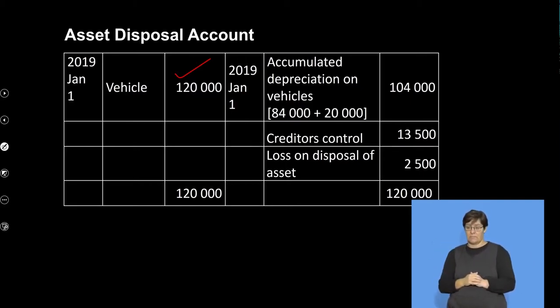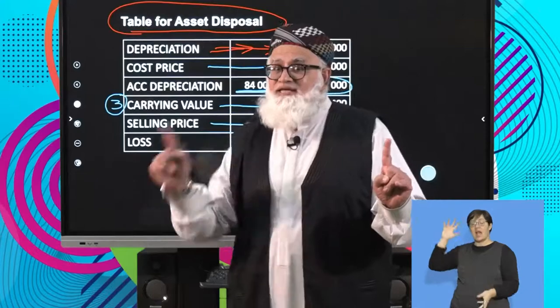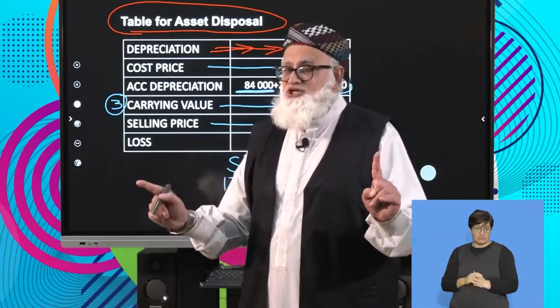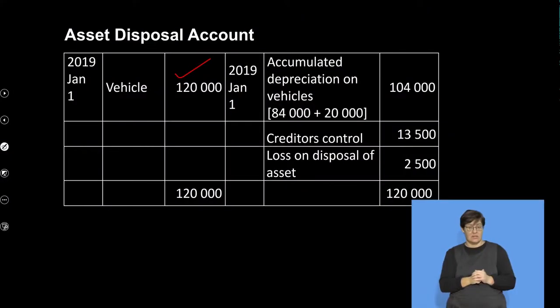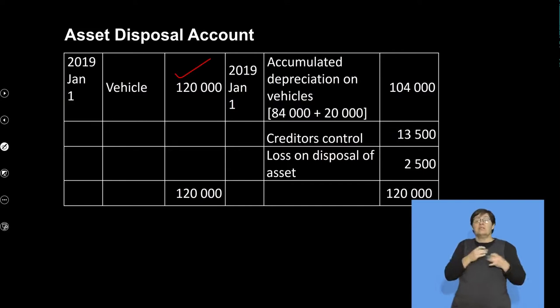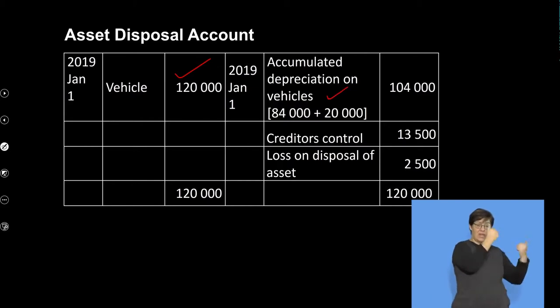Number 2, what do we have to do with the depreciation? Debit depreciation, credit accumulated depreciation. Now watch this. Very, very important. When you are showing your asset disposal account, start off with your accumulated depreciation. Obviously, your contra entry is debit accumulated depreciation, credit asset disposal.